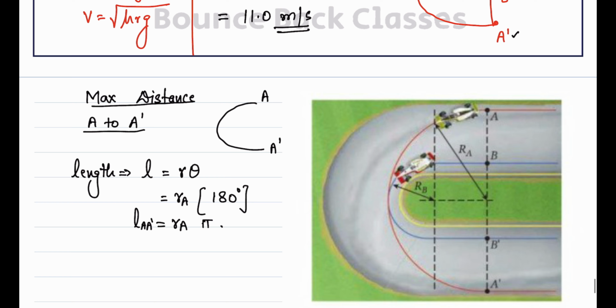Do you understand this point? Okay, so place the values. L A A dash equals, what is the value of radius? 32.2 multiplied by pi. So solve this value, we will get 101 meter. Do you understand? That is the maximum distance.